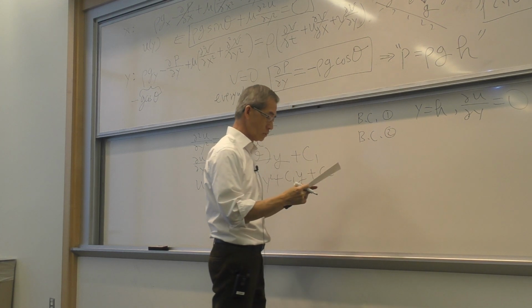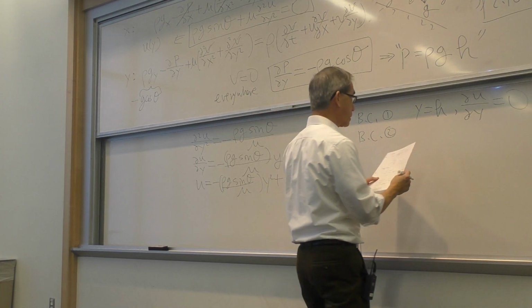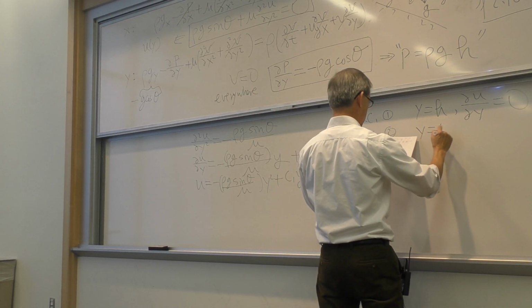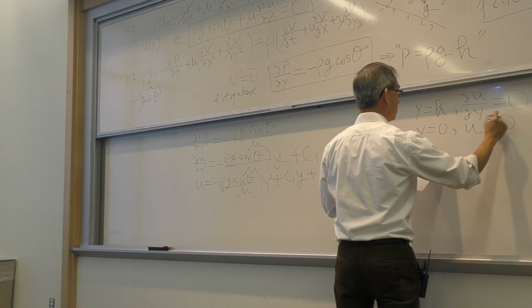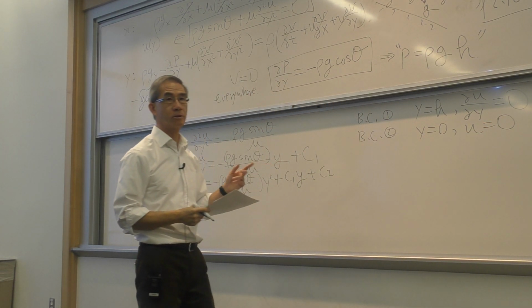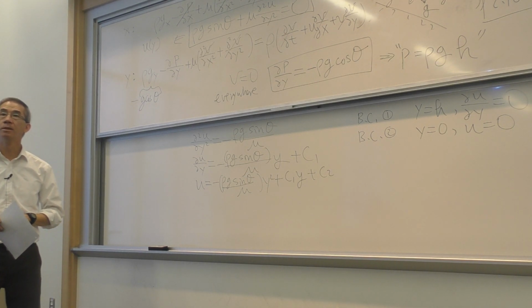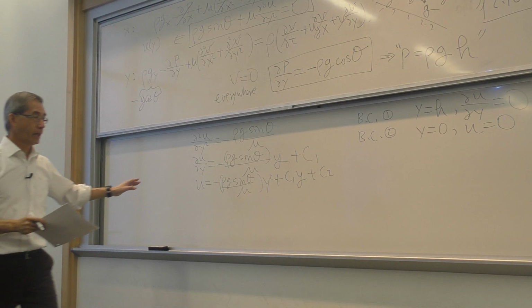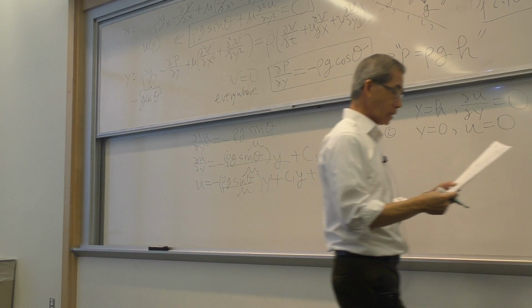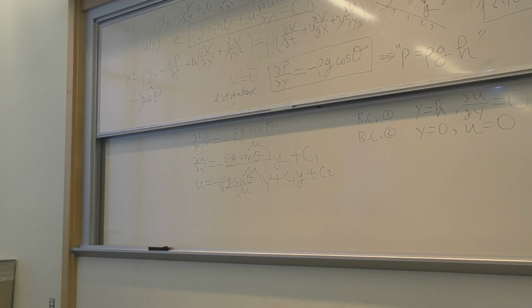Boundary condition 2 is at the wall where u is 0. Two equations, two unknowns, C1 and C2. And the algebra is something you can work on, and I think it's worth giving it a try.